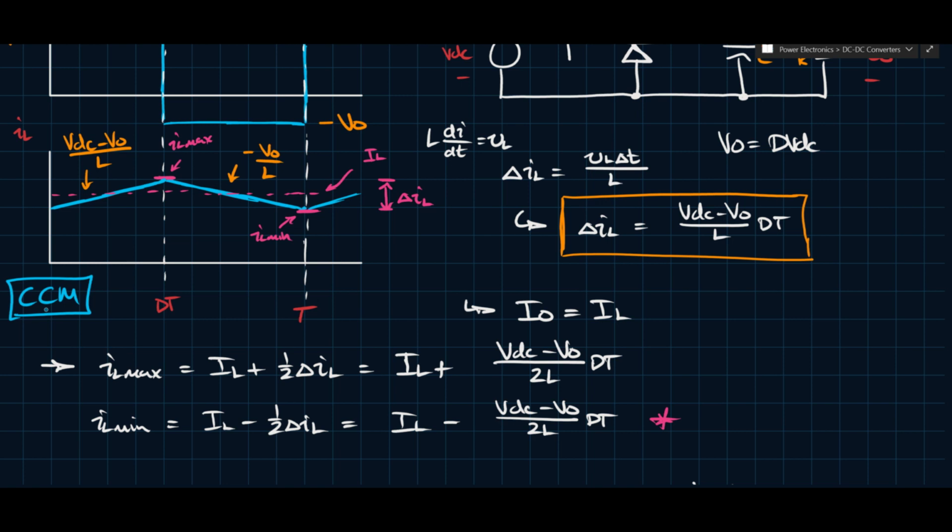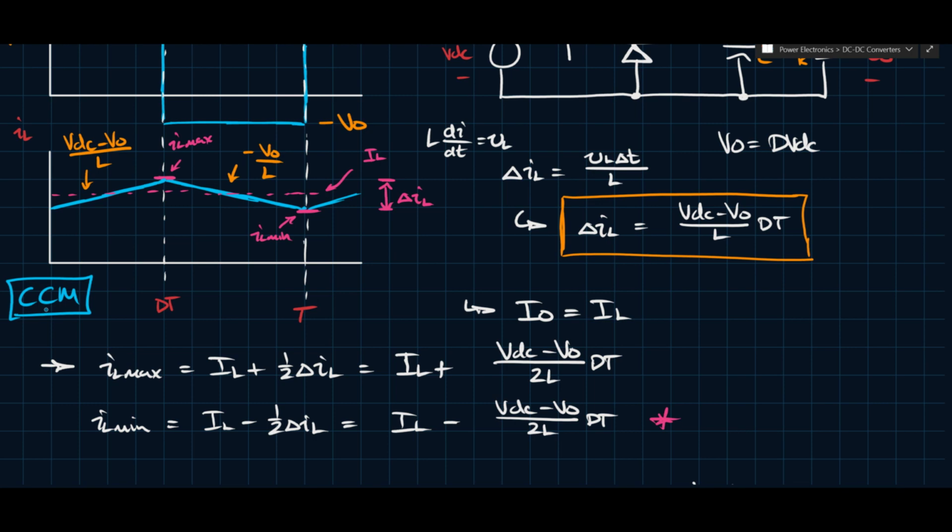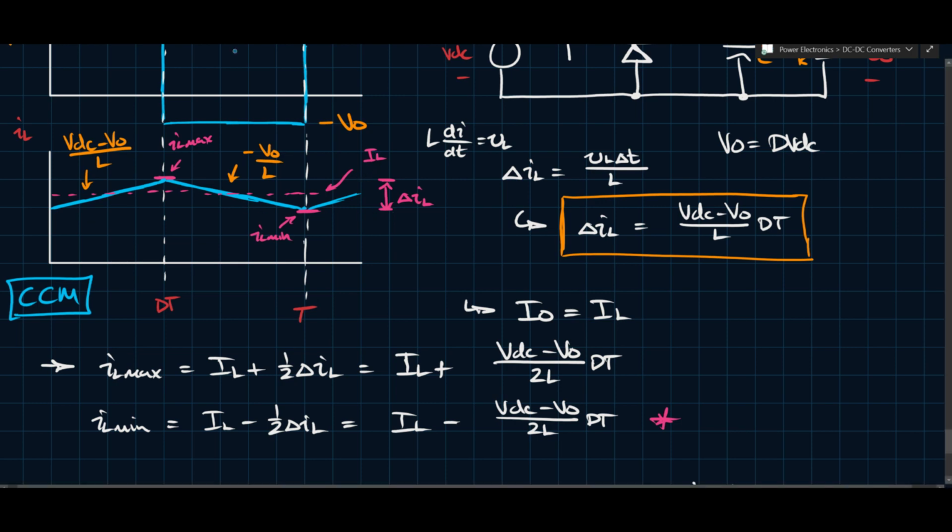But it's also possible for this to operate in a discontinuous conduction mode. What that does is that it has portions of the period where the inductor current becomes zero. So how would that happen? If you imagine for a second, this is an average IL, right? This IL we have here, there's an average value to this waveform.